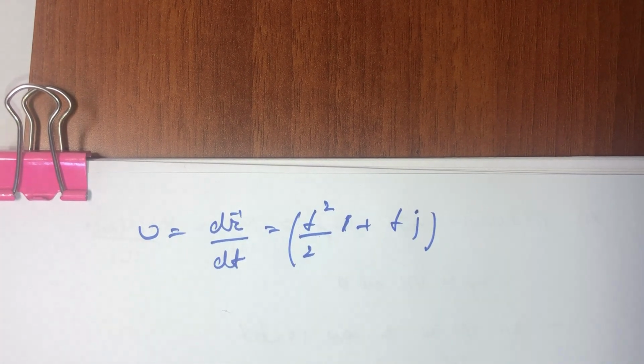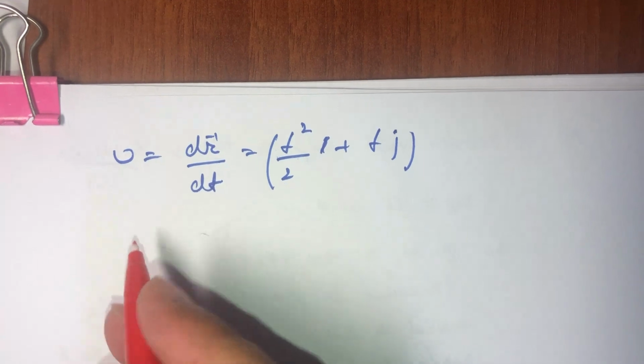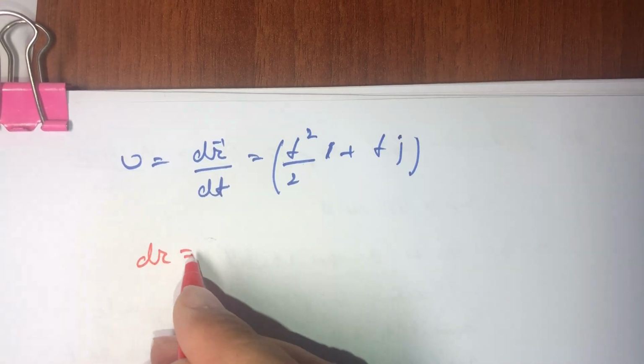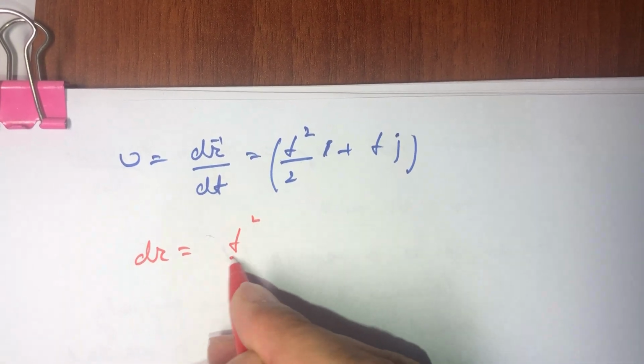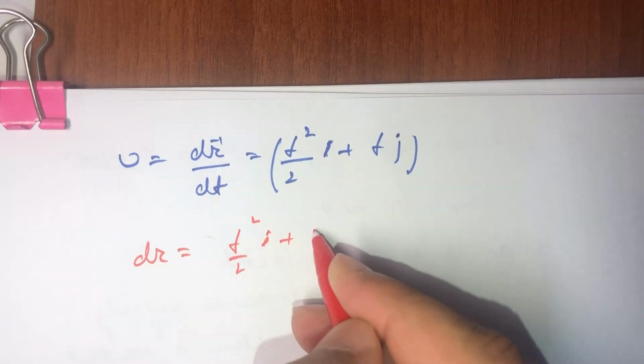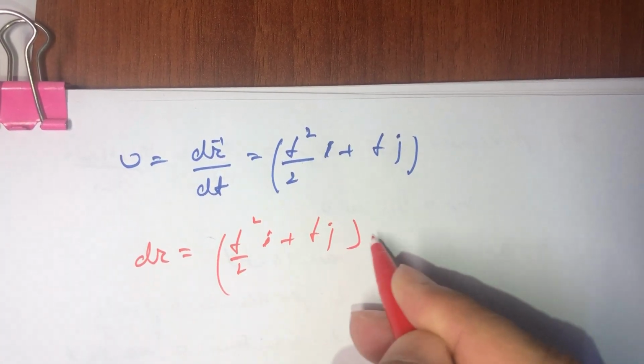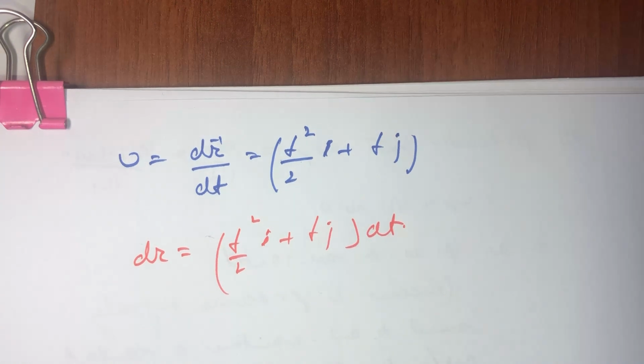Once again, we can write this equation as dr = (t²/2 i + t j) dt.